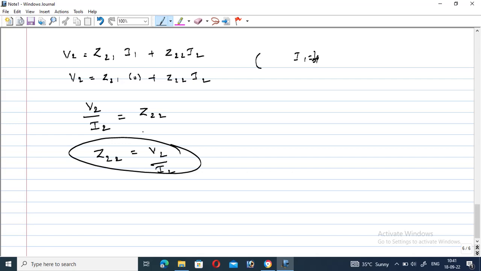So this is called the output driving point impedance, because Z22 is on the output side, right?